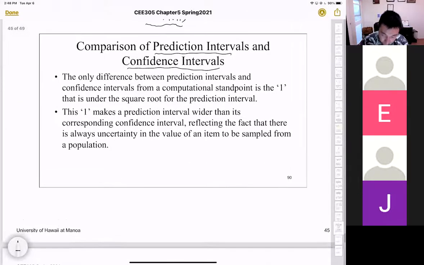For prediction interval, we use plus minus s times square root of 1 plus 1 over n.